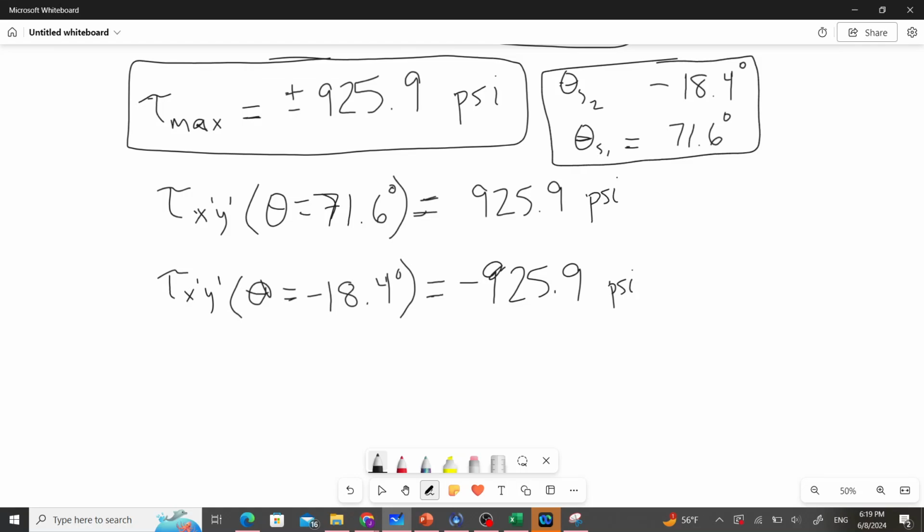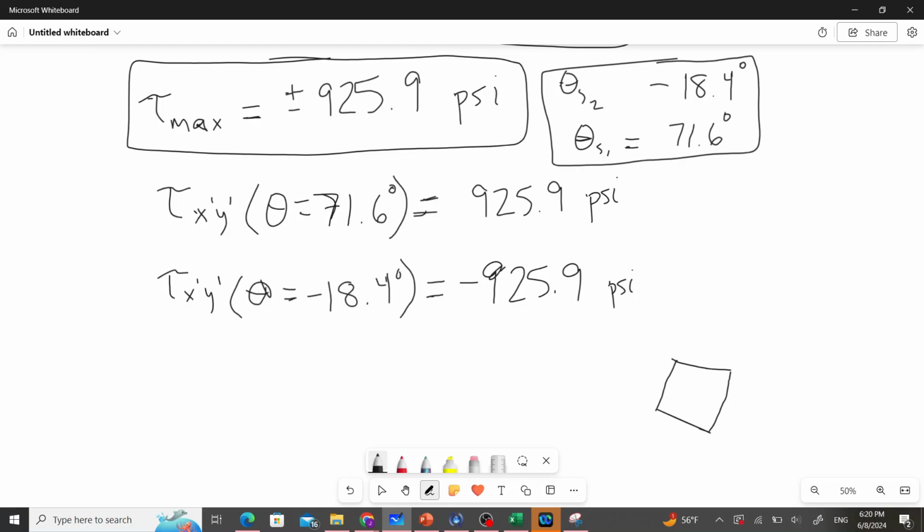And again, let's draw what that means on a stress element. Notice they're separated by 90 degrees. Let's take a stress element, rotated by about negative 18.4 degrees with respect to the x-axis, and we have something that looks like this.